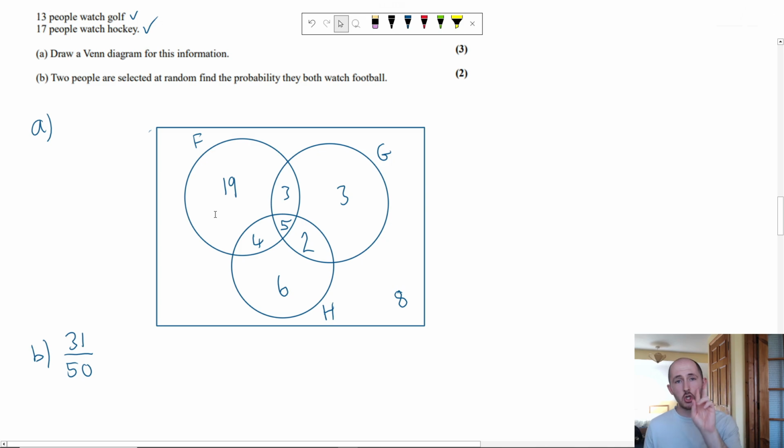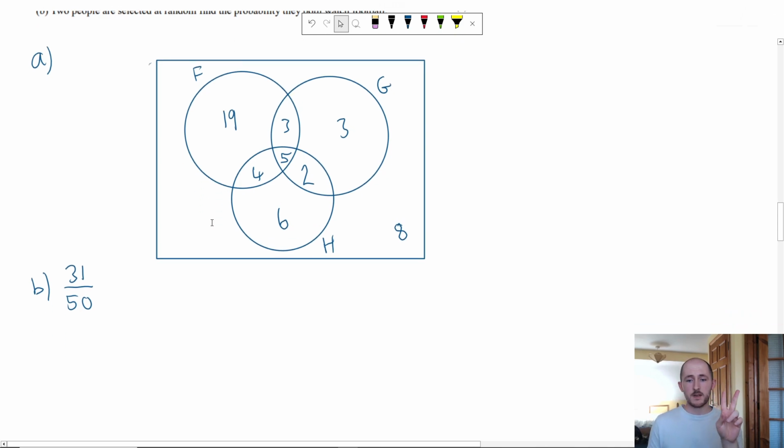But we want to pick 2 people in a row. So you might be tempted to write the exact same thing again. But this isn't quite right because you can't pick the same person twice. Right? Should make sense. Let's say if I had a group of 5 people, so think of maybe members of your family. If I'm picking 2 of them, I can't pick the same person twice, right?